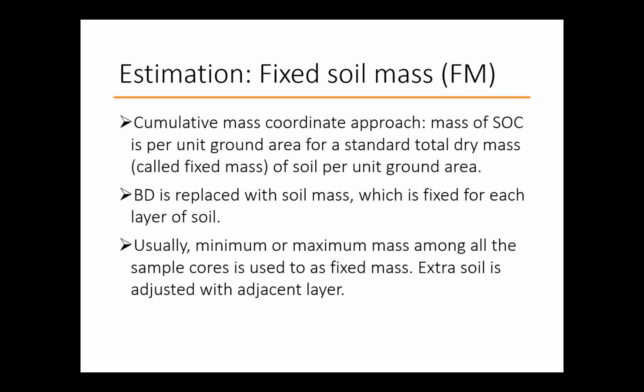So we do not measure soil organic carbon stock in, say, a 10 centimeter layer. We will measure it in a soil layer of a given mass, and that mass is fixed.